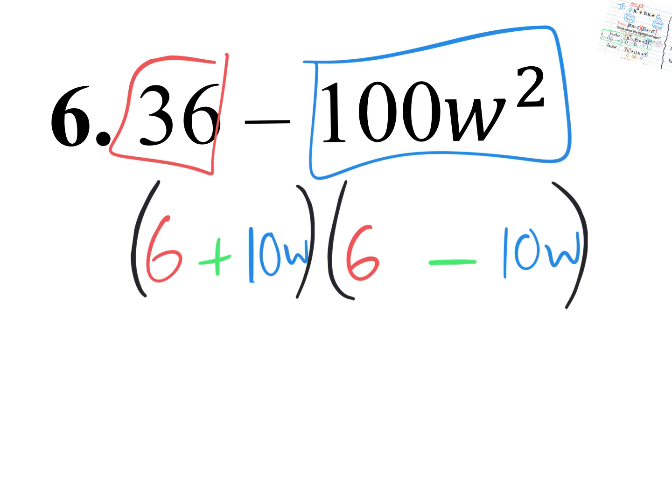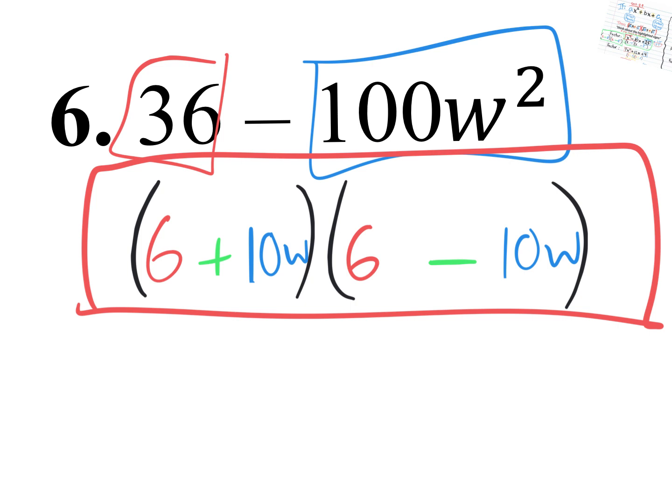I might as well show you an alternative way. Let's say you did want to write it in standard form, variable with exponent first before the 36. So imagine this. Okay, so this is already the answer right here. That's the answer. But another acceptable answer would be to switch them. Let me correct myself. The minus 100w squared, put that in the front, and then the plus 36 second.